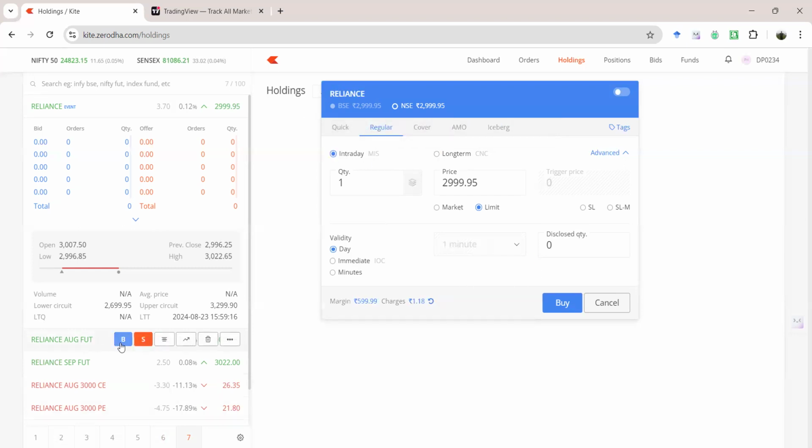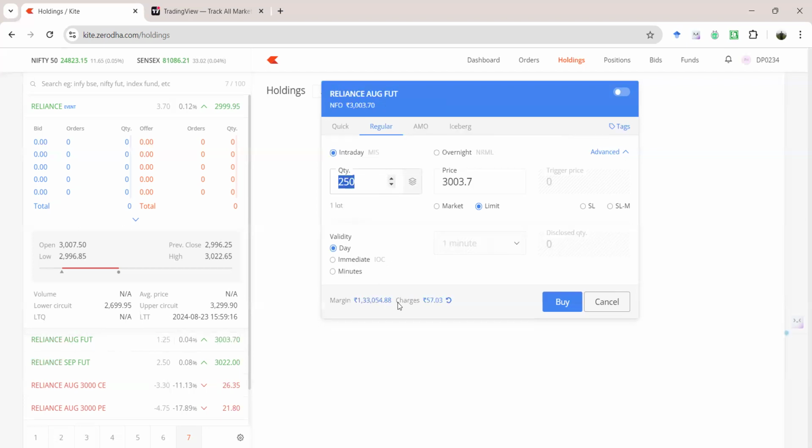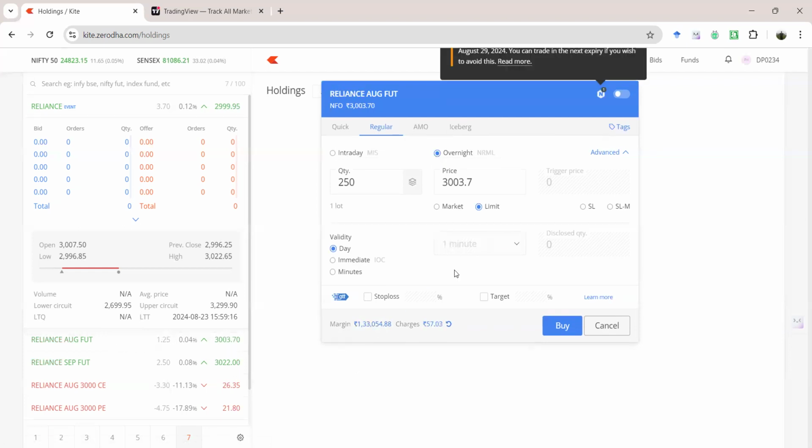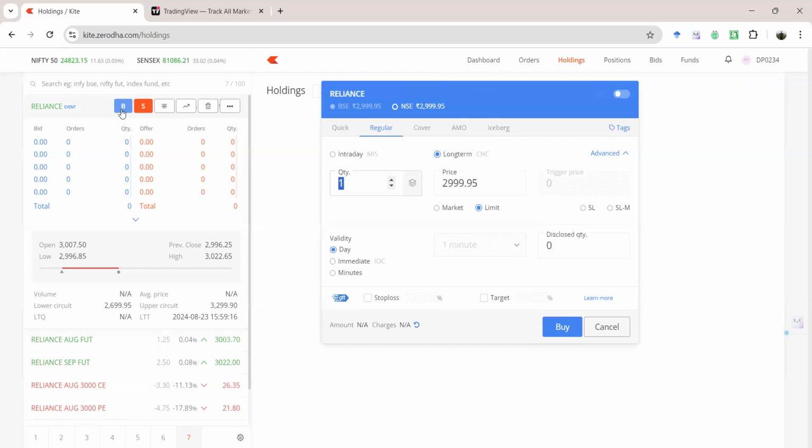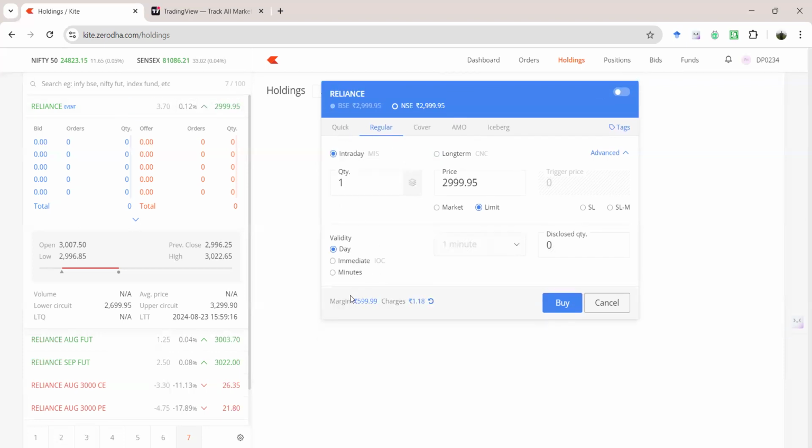If we buy a future, the margin required is 1.33 for intraday as well as overnight, but for stocks it is slightly less. When we are trading stocks intraday, the margin required is just 600 per stock instead of 3000 rupees. So there is some leverage in intraday trading, but we have to exit the trade on the same day.